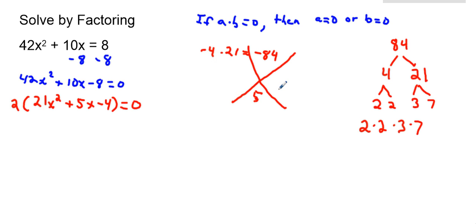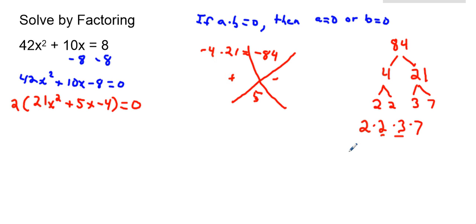Before we start that, let's use a little logic. Because 84 is negative, I know my signs are opposite, because a positive times a negative is a negative. And because the 5 is positive, I know my larger number has to be positive. Let's start grouping. I can go 2 times 3.